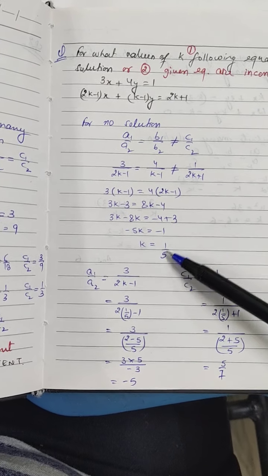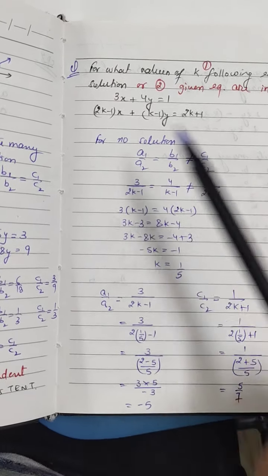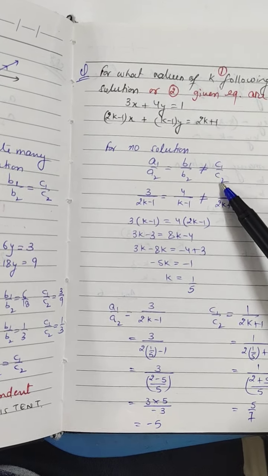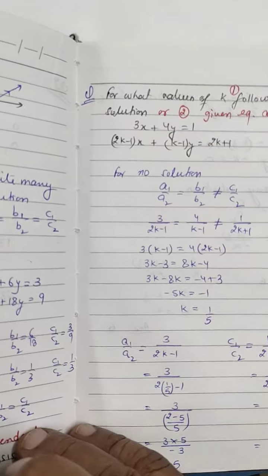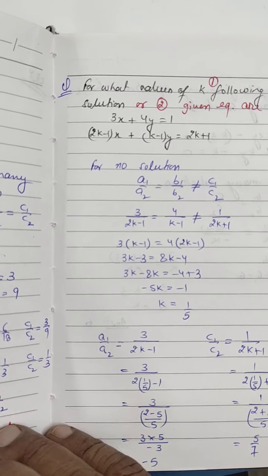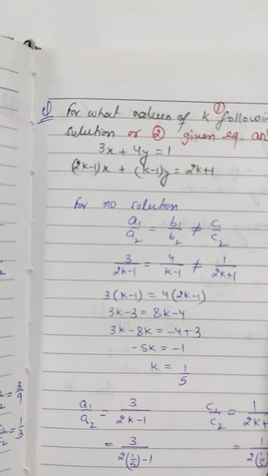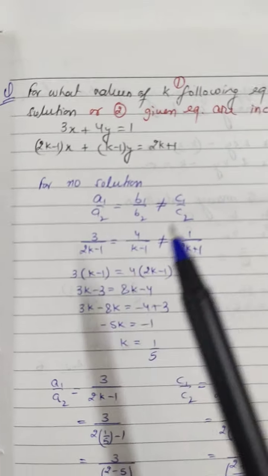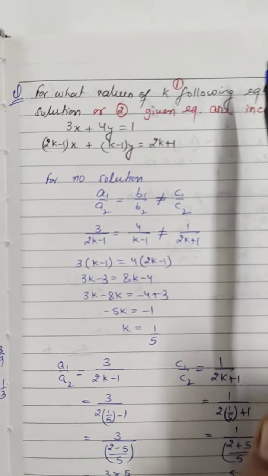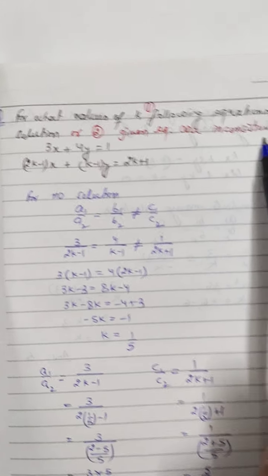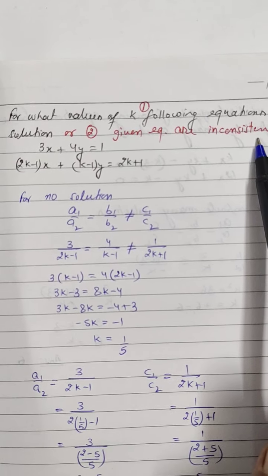Now we need to check for this value of k whether c1 by c2 becomes equal to a1 by a2 or b1 by b2, because if that happens, then for no value of k will the given equations be inconsistent.